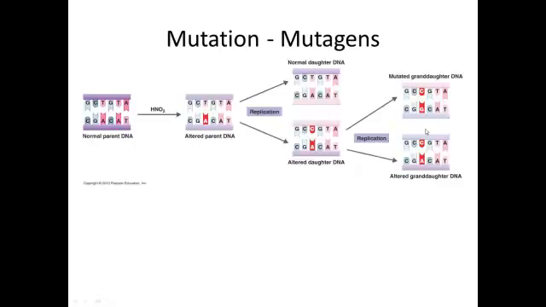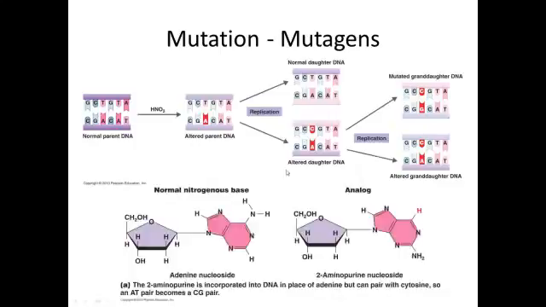Okay. Now, here's another mutagen. These are nucleotide analogs. Here's the normal structure of an adenine nucleoside. Okay, so here's your base. Okay, 2-aminopurine nucleoside is an adenine analog. It looks just like it, there's just one small change.